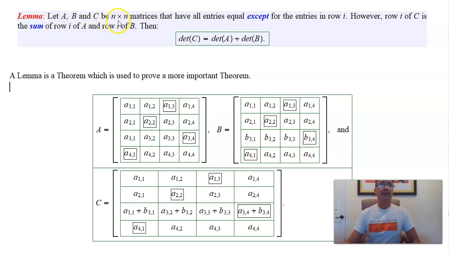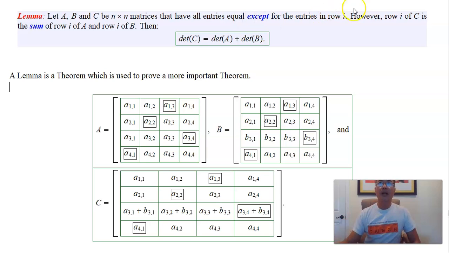Let A, B, and C be n by n matrices that have all entries equal. All entries have to be the same, except for the entries in row i, in one row.